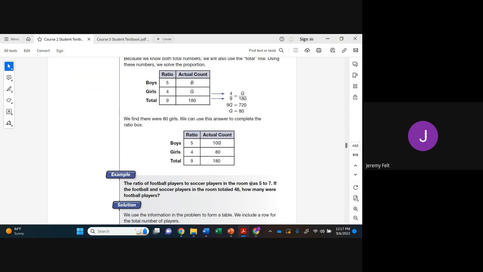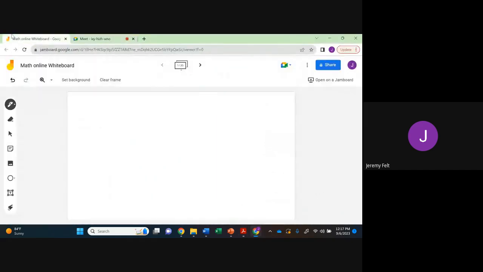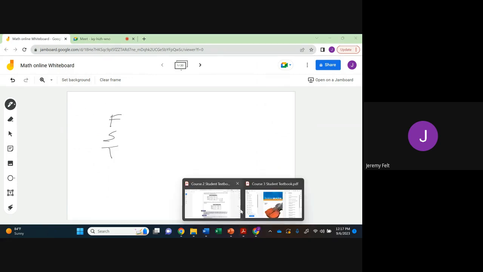All right, so the ratio of football players to soccer players was 5-7. If the football players and soccer players in the room totaled 48, how many were football players? So I'm going to go football, soccer, total. What was it? 5-7. Let's make sure we got the right.